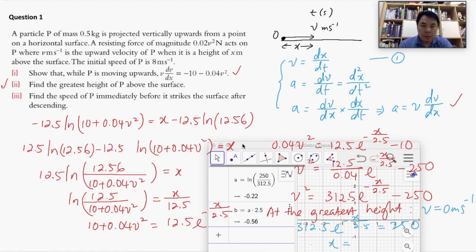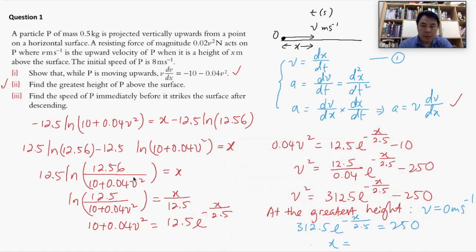So we have negative 5.6 here. Therefore, we can conclude that the greatest height of P above the surface is 5.6 meters when the velocity is equal to 0.